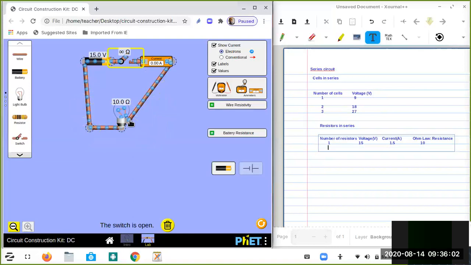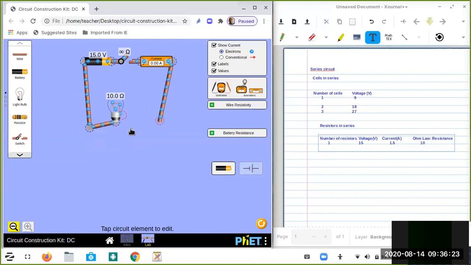Then I'm going to add one resistor. Right, we are now having two resistors in series, right?